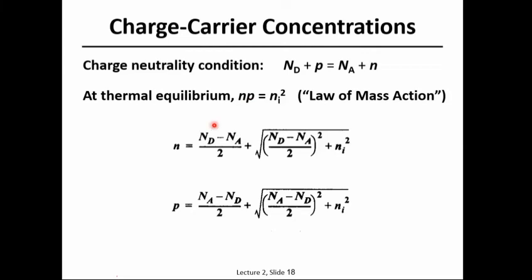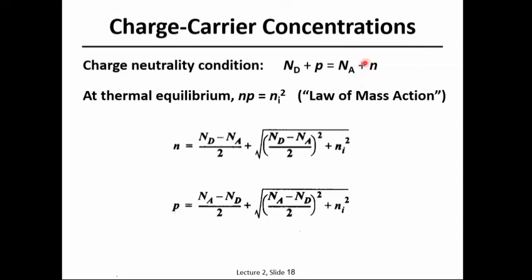Since we introduce a donor atom and an acceptor atom, the concentration of electrons becomes related to the known material quantity, Ni square, depending on the material we use, and the donor and acceptor doping. So N can be calculated and P can be calculated from these two equations.